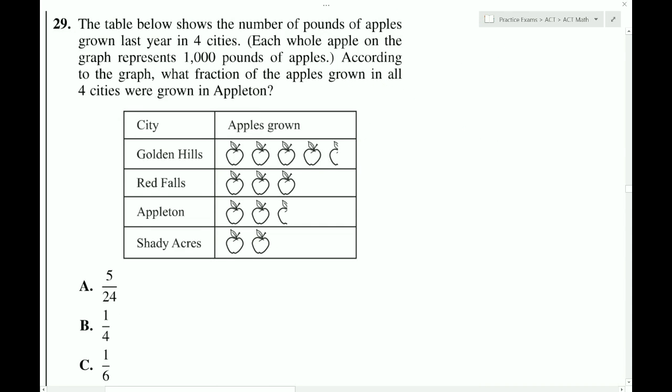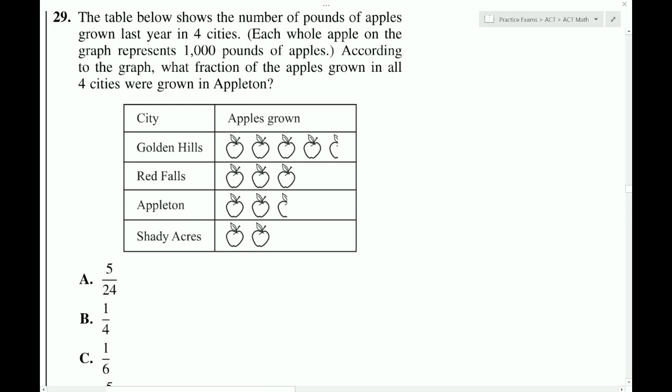The table below shows the number of pounds of apples grown last year in 4 cities. Each whole apple represents 1,000 pounds of apples. According to the graph, what fraction of apples grown in all 4 cities grew in Appleton?